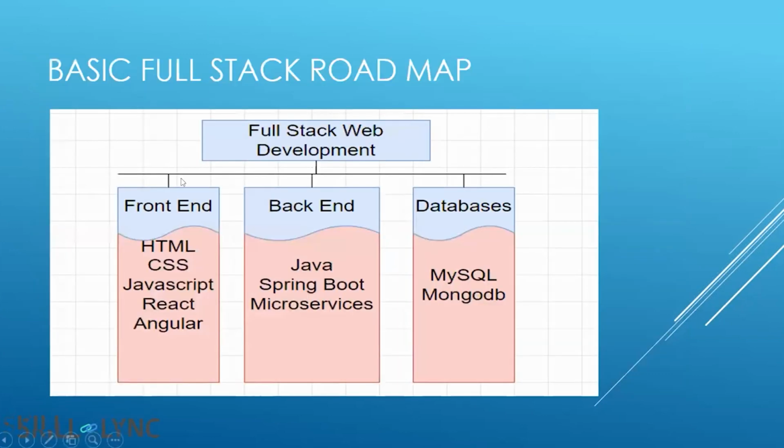And if you see full stack web development in our place, how do we teach it? For the front end, we have HTML, CSS, JavaScript, React, Angular. We have Bootstrap also. The front end will be developed based on that. And for the backend we are using basically Java, Spring Boot, microservices, and data structures and algorithms.